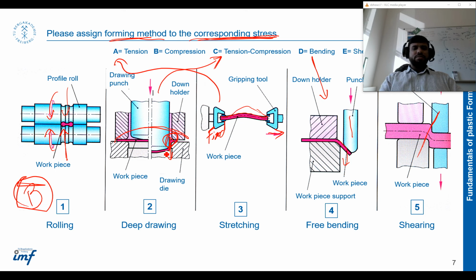Here we are applying tensile, but the compression is basically the resultant in the rim, which we cannot really see here. Here we are applying compressive stress only. And again, we have already discussed the other two cases, the case of bending and the case of shear.